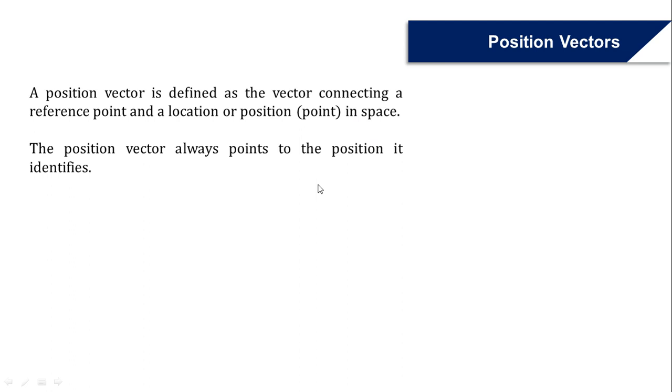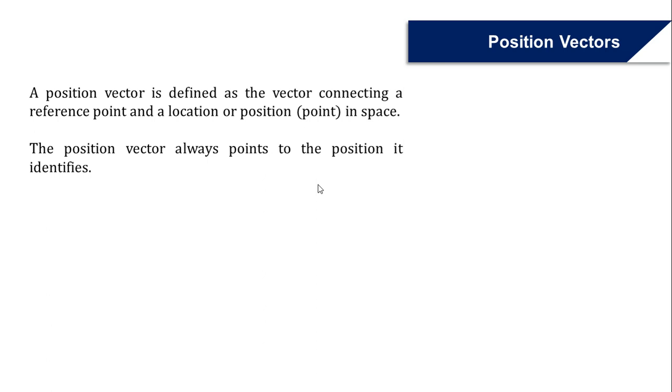So let's define ano ba yung position vector. A position vector is defined as the vector connecting a reference point and a location or position in space. Halimbawa, so meron tayong points, point 1 to point 2, point 3, point 4, point 5, point 6.